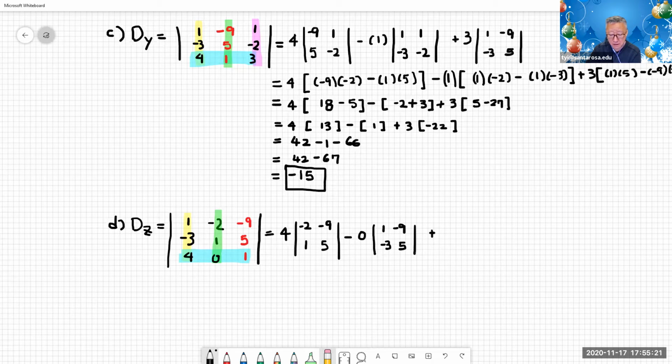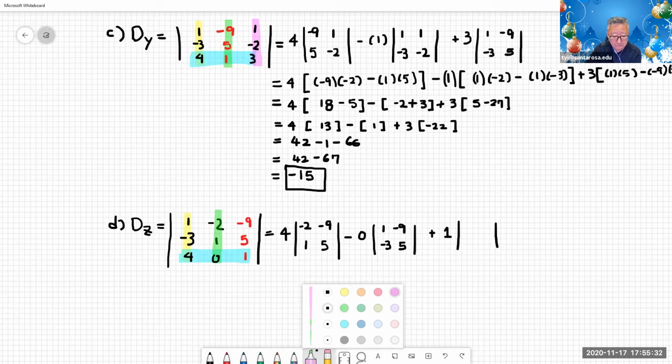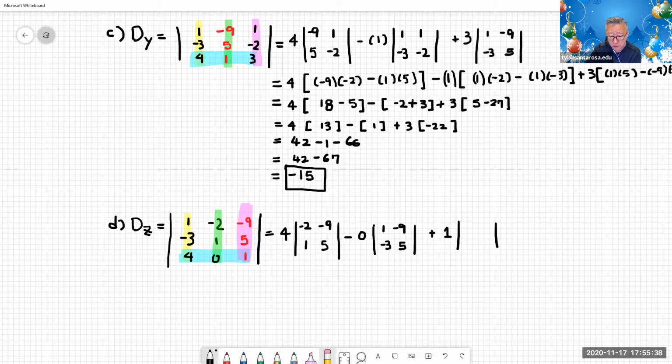And the last column, we're going to have 1. And let me use the purple over here. And the remaining here is going to be 1, minus 2, minus 3, and 1.